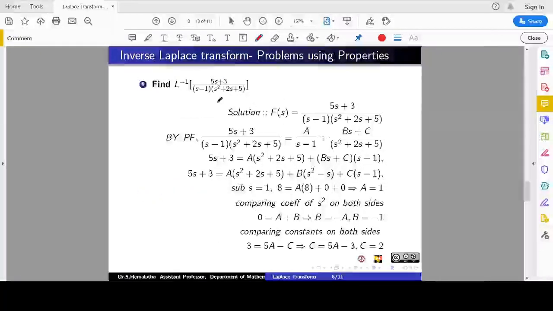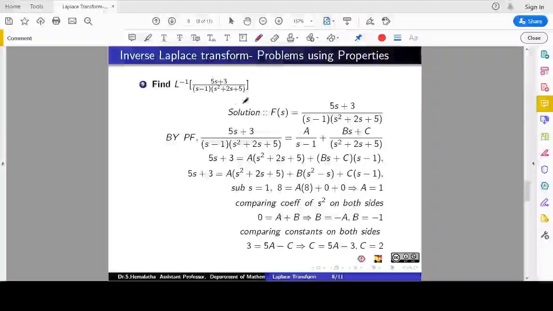Now coming back to our partial fractions, you see this problem where I have one linear factor and one quadratic, and this also cannot be put into linear factored form. Factorizing is not possible.